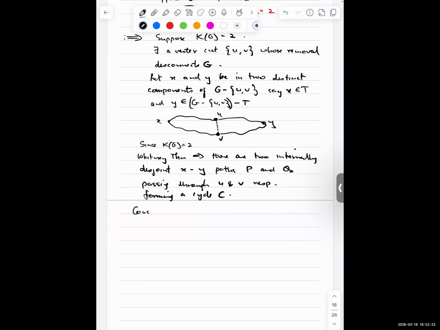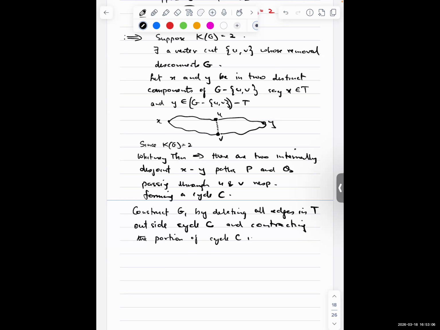So now construct G1 by deleting all the edges in T outside the cycle and contracting the portion of cycle C in T down to an edge E1 incident with U and V.